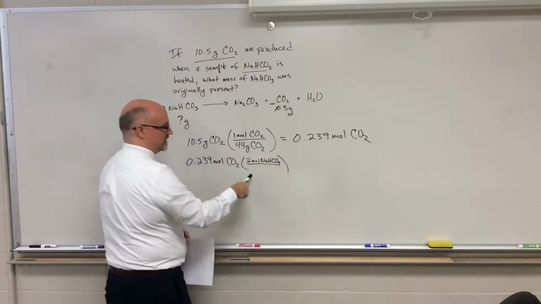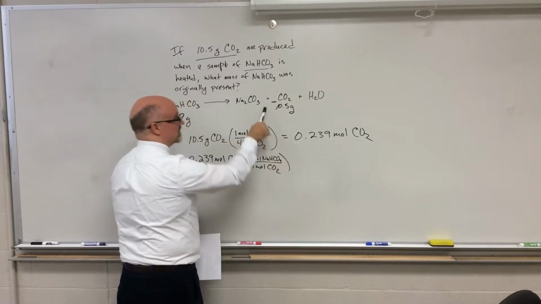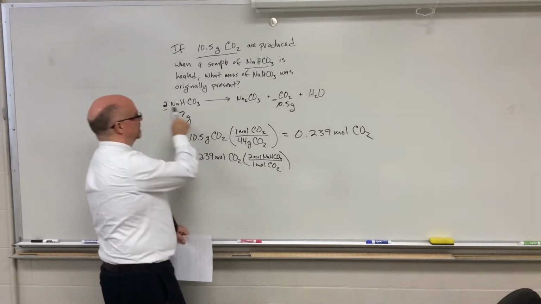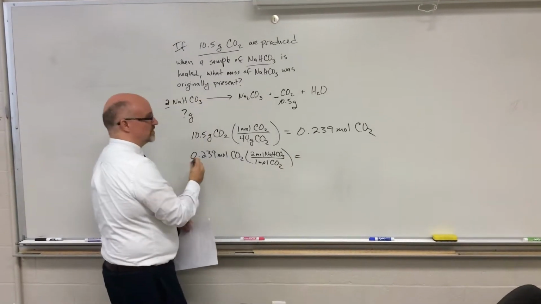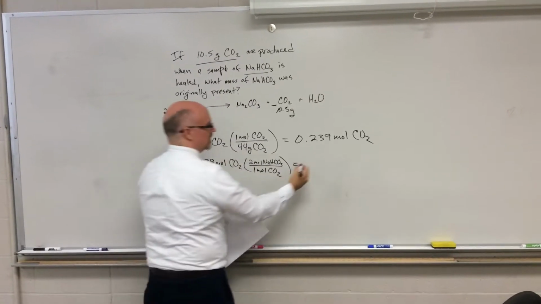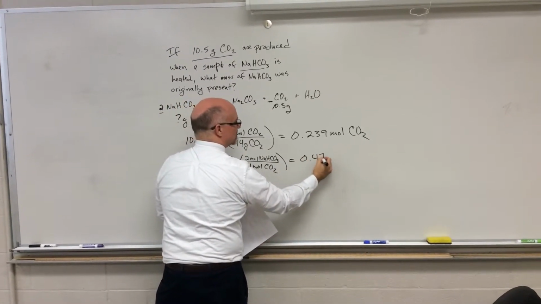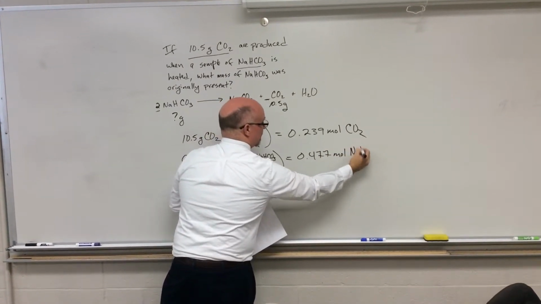What I'm leaving behind goes on the bottom. And remember I said it's 1 mole of this from 2 moles of that. So the amount of CO2 I actually started with will produce 0.477 moles of NaHCO3.